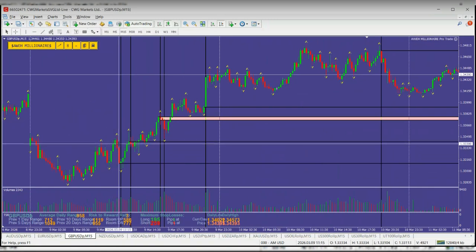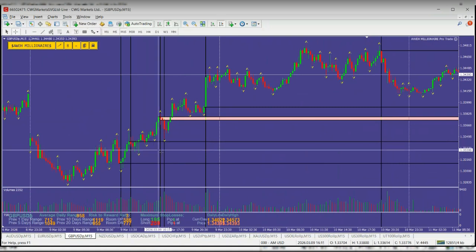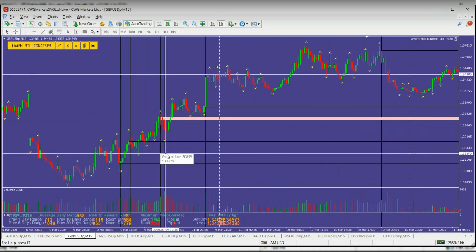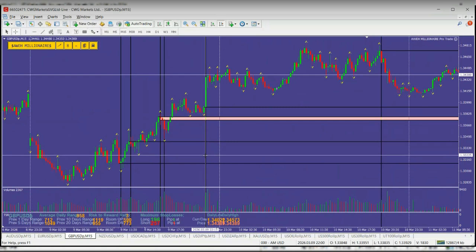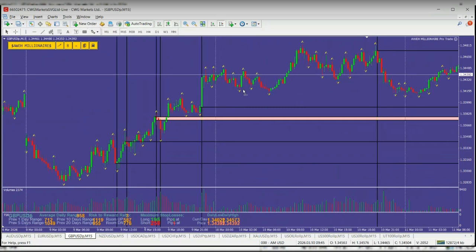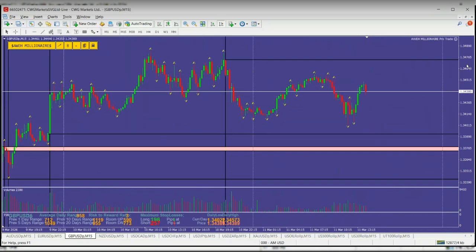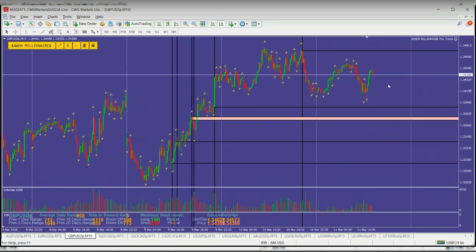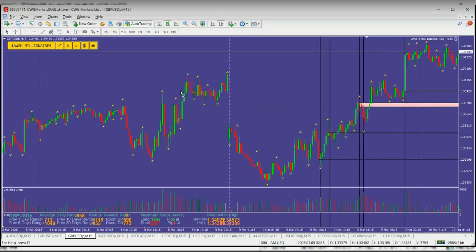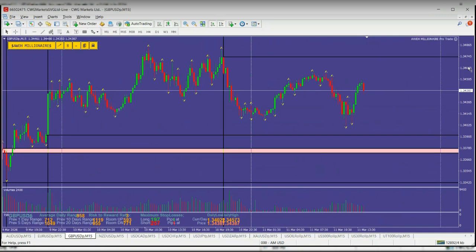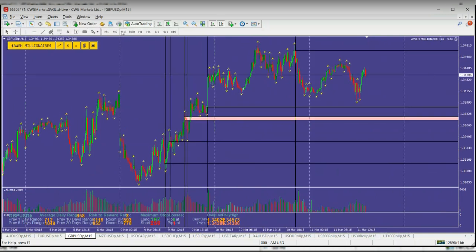So this is from March the 9th, where all these levels that you see here are levels of demand where price pushed up with high volume. So what we have over here on GBP USD, let me zoom in a bit more there, is our demand number 1 here at the bottom.